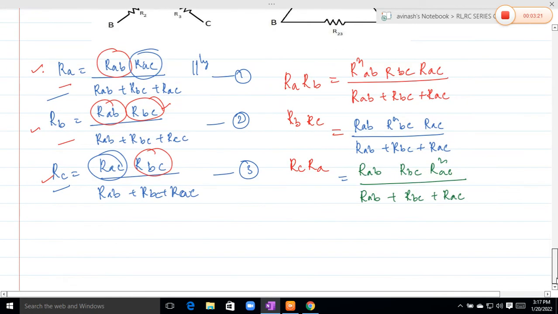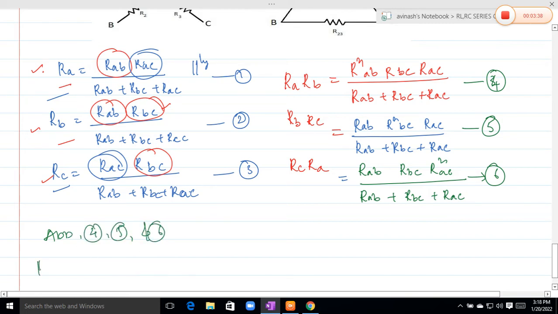Now you add all these values. Let us take these as equations number 4, 5 and 6. Now add equations 4, 5 and 6. Then we get RA into RB plus RB into RC plus RC into RA.